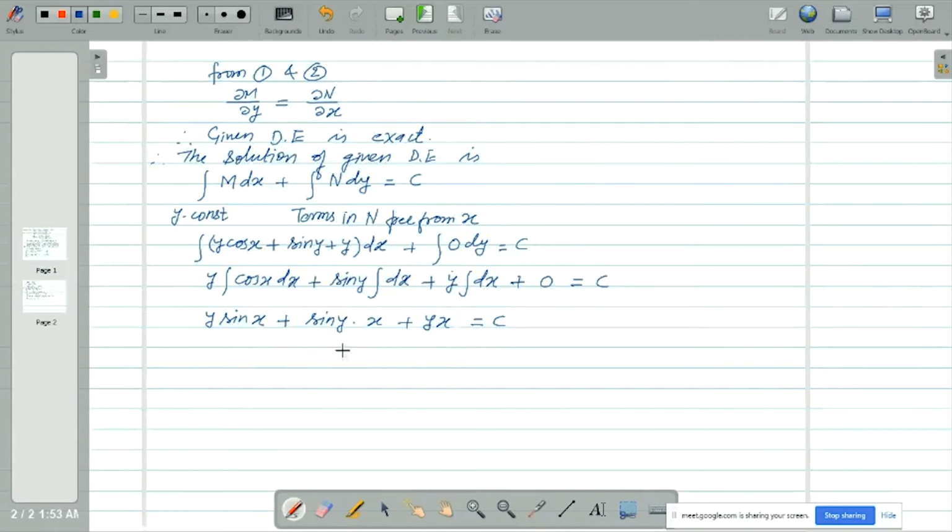Now see, observe here, what is common here? Can you take common? Yes, we can take y common.